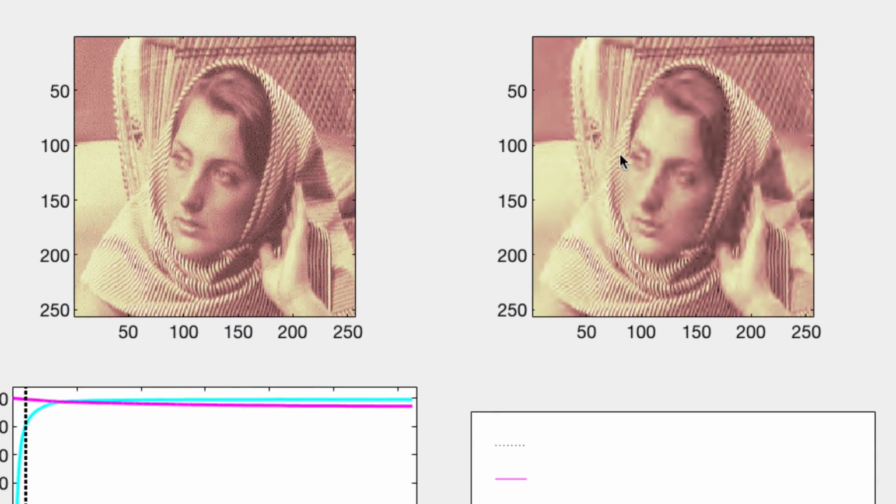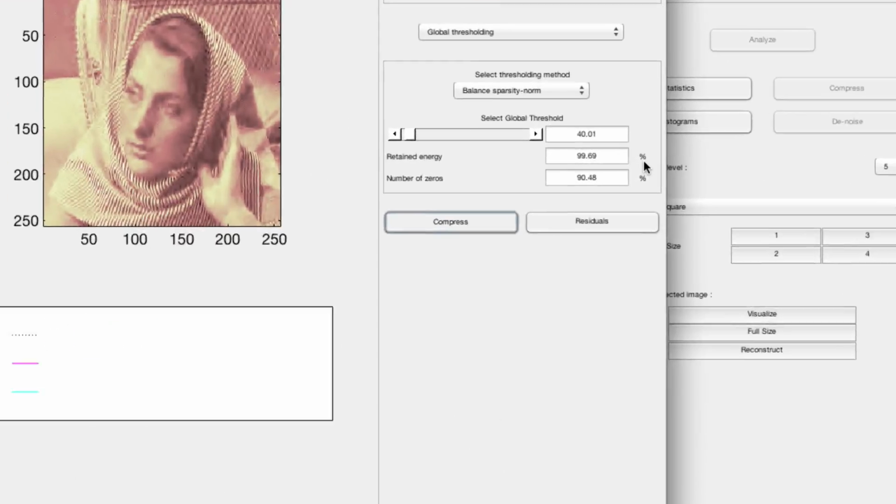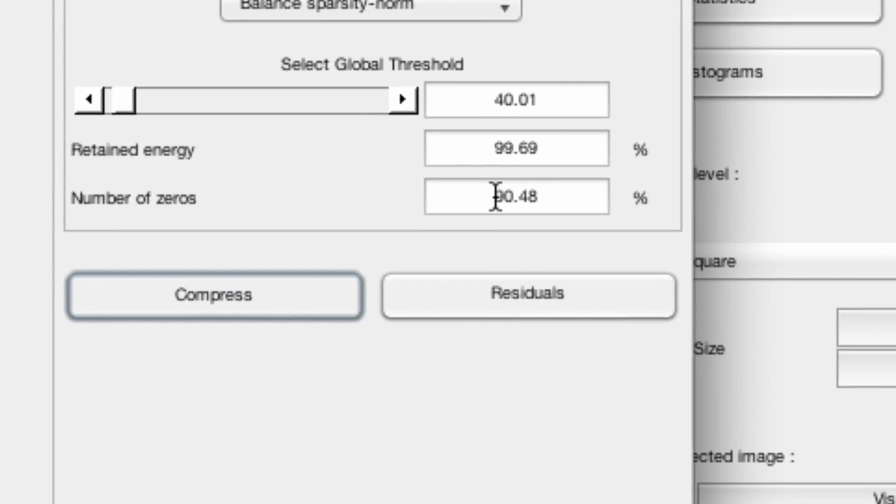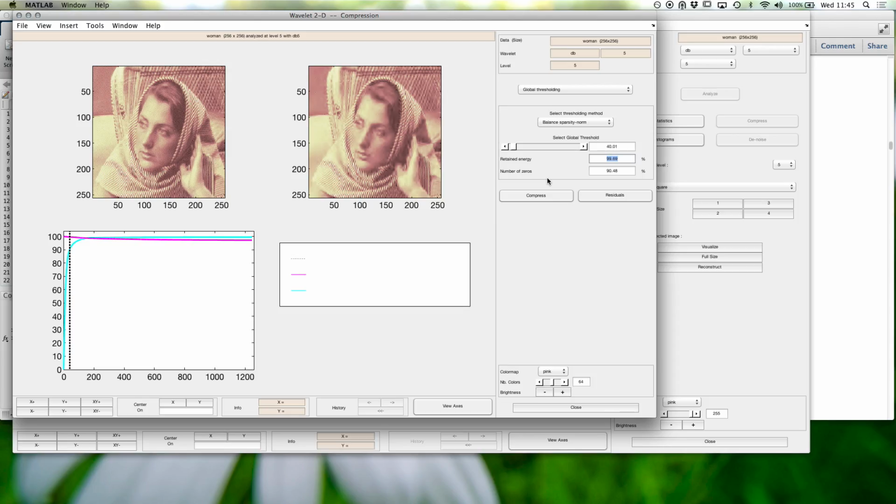So here we see some degradation of the image, but also the noise is gone pretty much. We see a little bit of this wavelety look here, but also we have again put to zero 90%, even more, and at least in the L2 norm we are retaining the image quality almost completely. So this is the compression power of wavelets, and that's, I think, why it's interesting to try it for the sparsity promoting reconstruction as well.